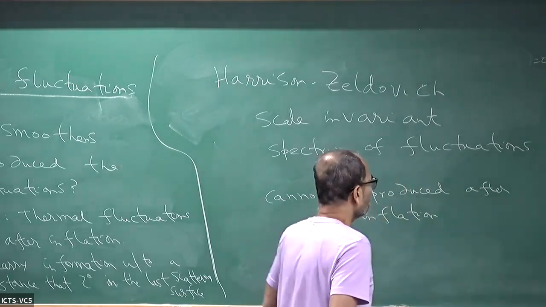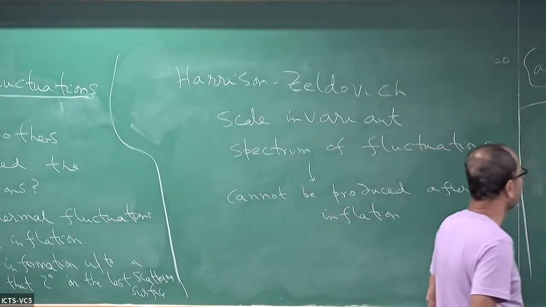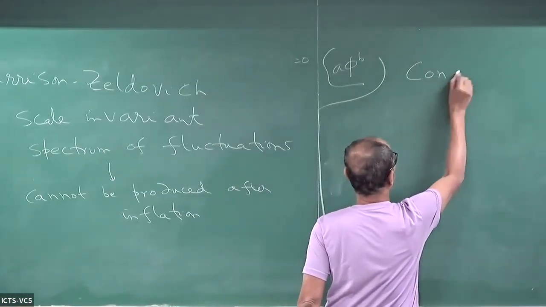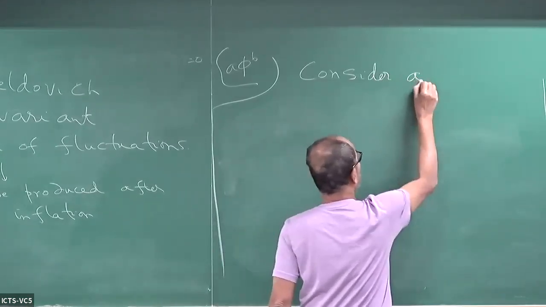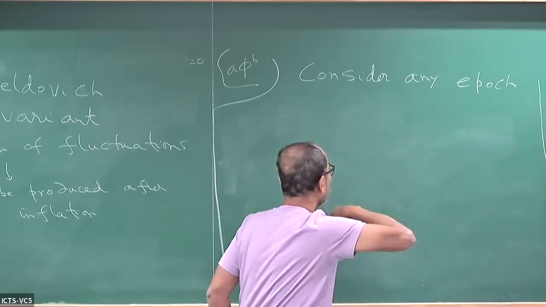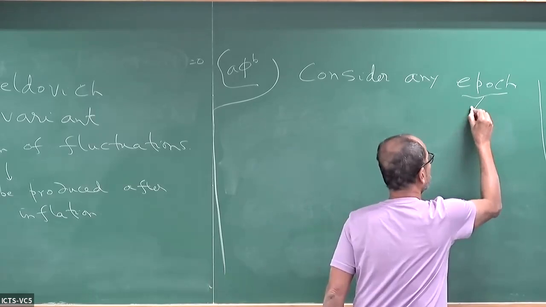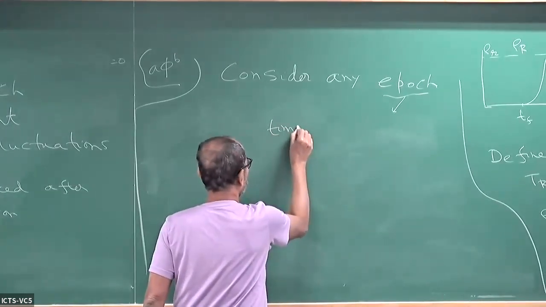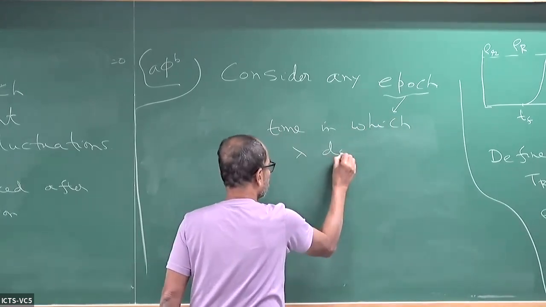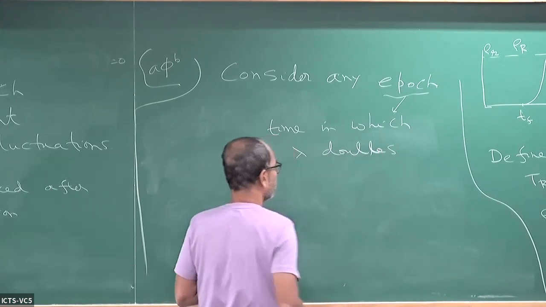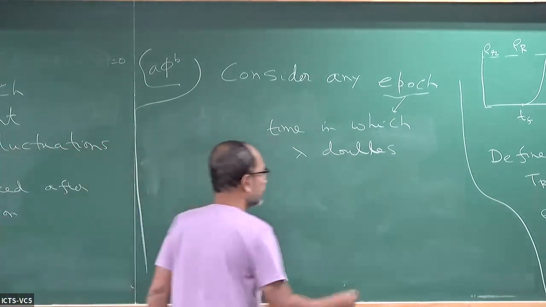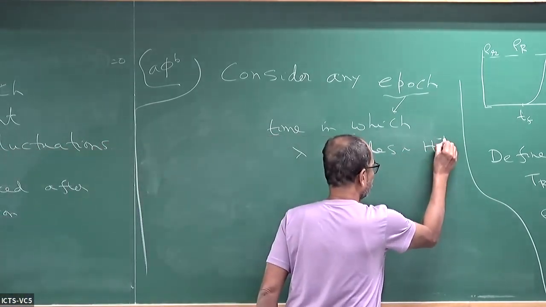Okay, so now let me give some general results. Consider any given epoch, and by an epoch we will mean the time in which lambda doubles, and that's roughly the kind of expansion rate of the universe. This is of order h inverse at that time.